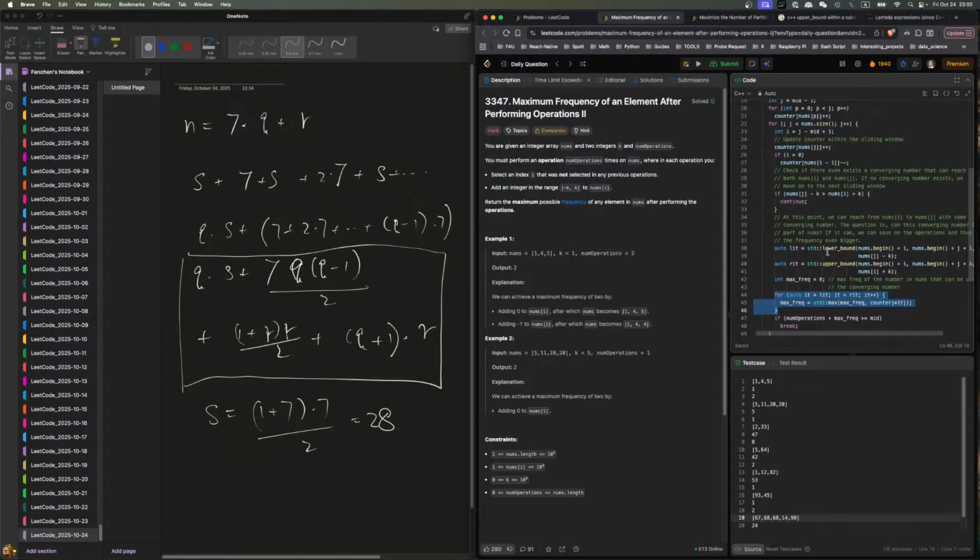So what I get is this, but how do I know what is the maximum in this range? I mean, I don't, because the counter keeps changing, right? I do know what the left bound is. I know the right bound is, and I can query those two, but there are numbers in the middle which I don't know.